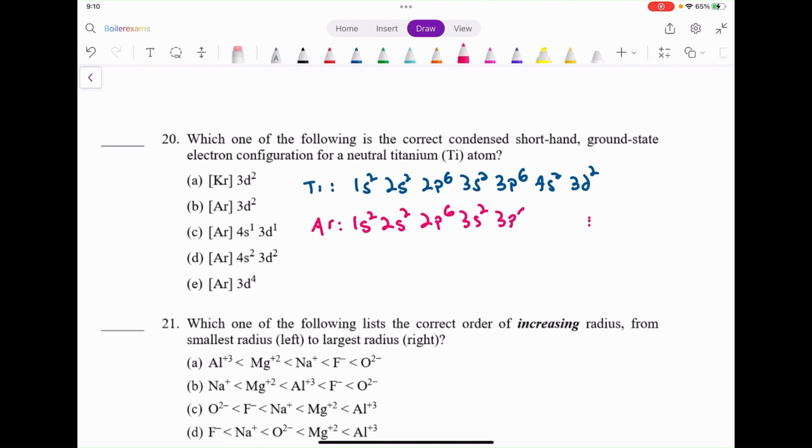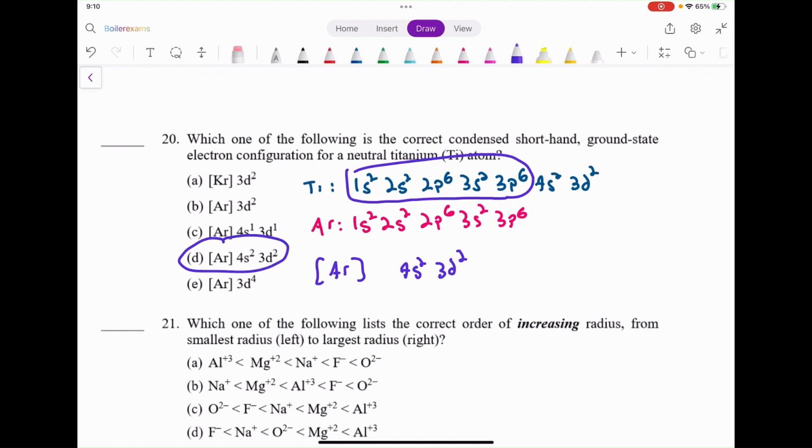So if I wanted to shorthand titanium, I could write it as argon, and then add on the remaining, what argon hasn't taken care of. So it just becomes argon, and then 4s2, 3d2.